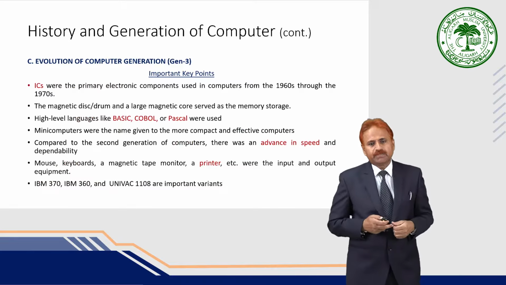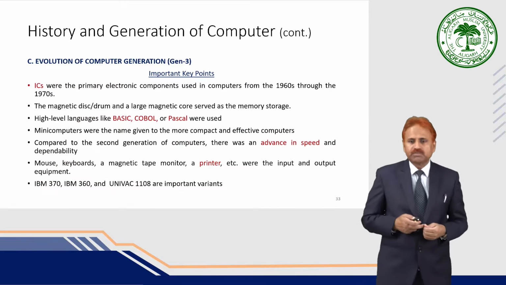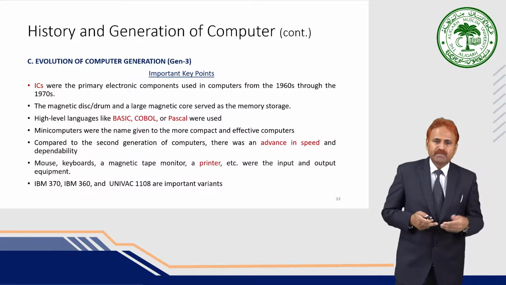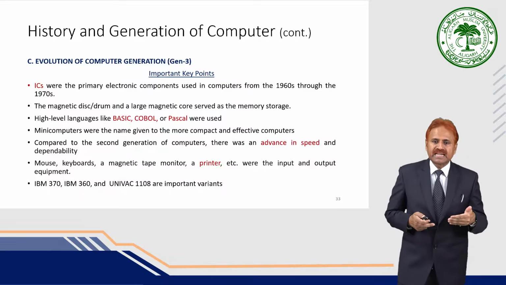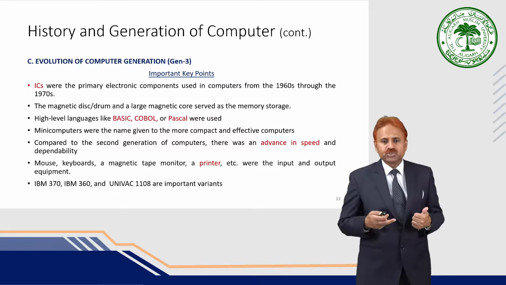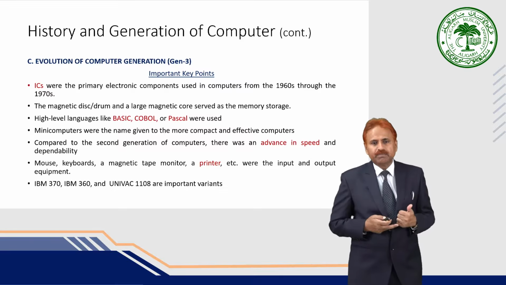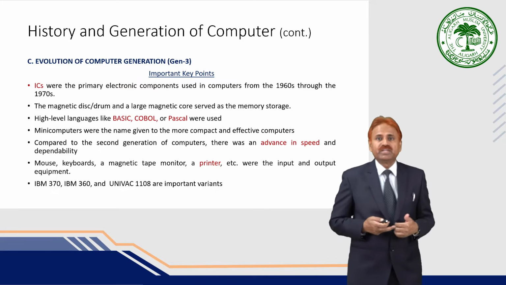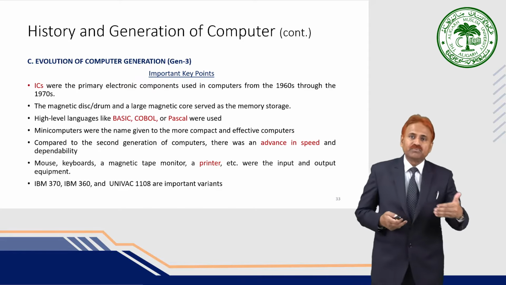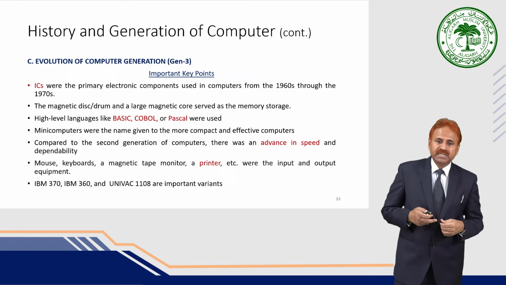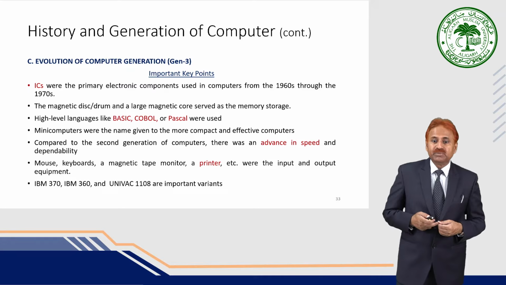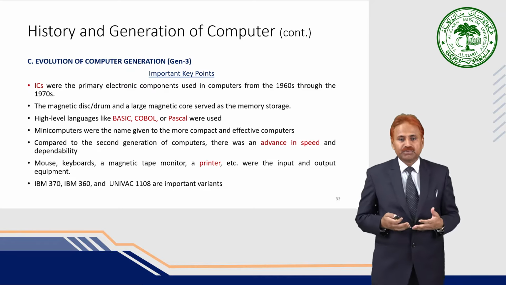The ICs were the primary electronic components used in computers from 1960 through the 70s. Magnetic disks or drums and a large magnetic core served as the primary storage. High-level languages like BASIC, COBOL, and Pascal were used in computers of this generation. Minicomputers were the name given to the more compact and effective computers.